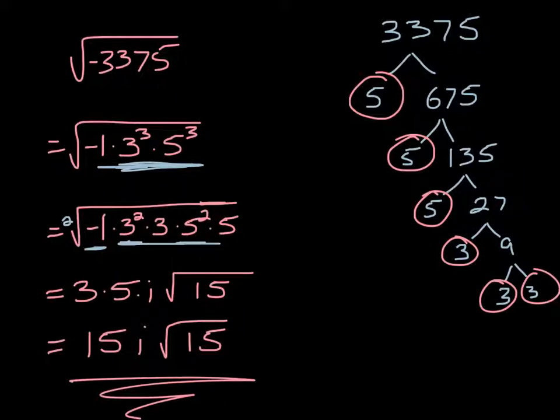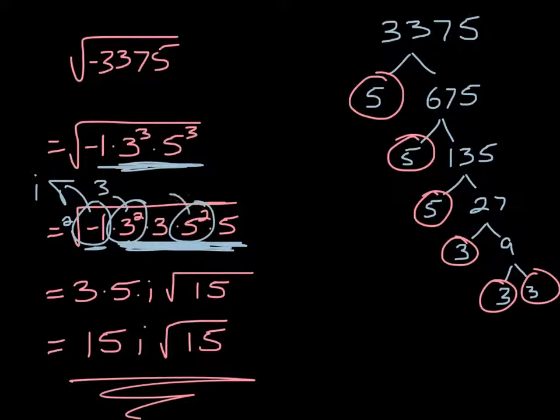And then down here I'm splitting them up into the parts where I can get exponents that are divisible by 2 and this leftover. The stuff that's going to work nicely gets square rooted. And the stuff that doesn't work nicely will stay under the radical, in this case the 3 and the 5. So 15i square root of 15.